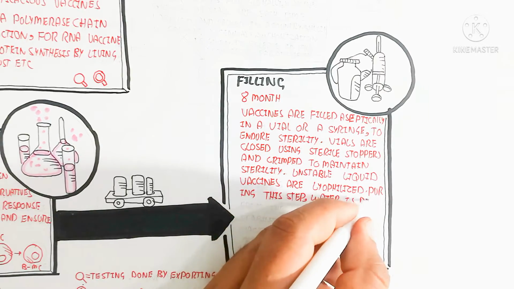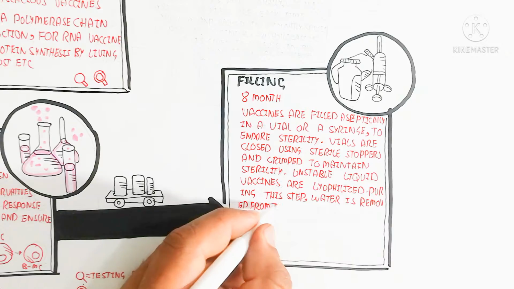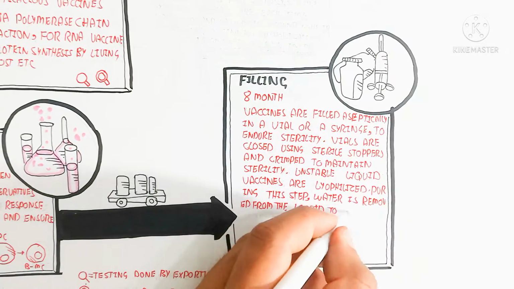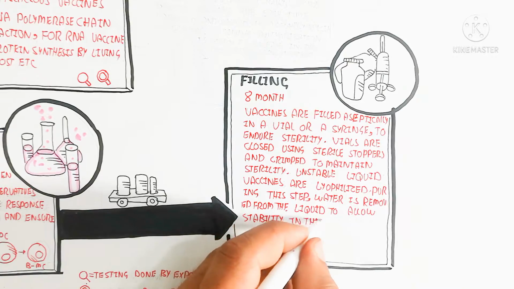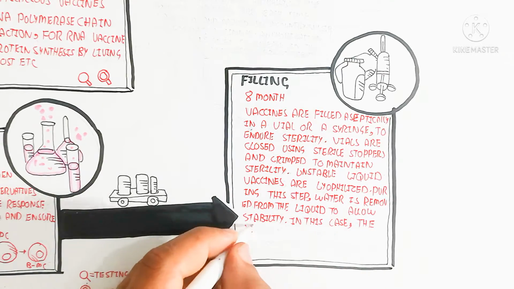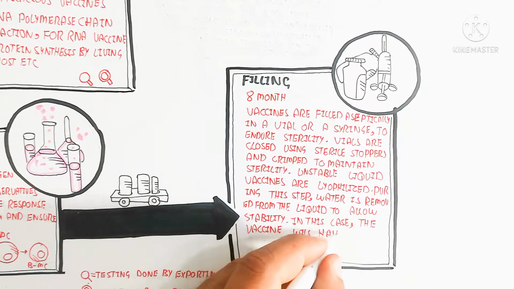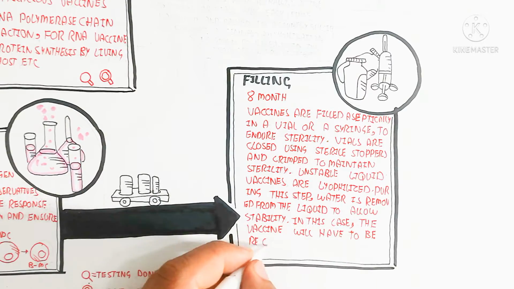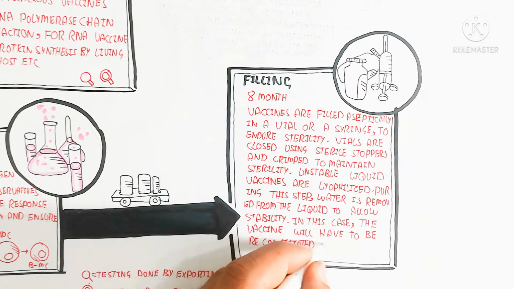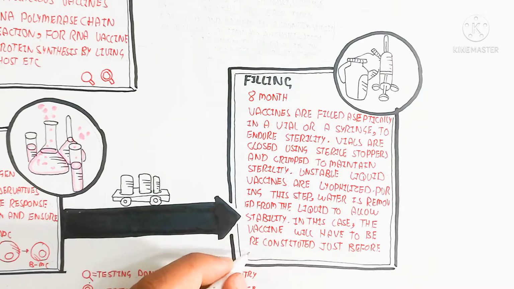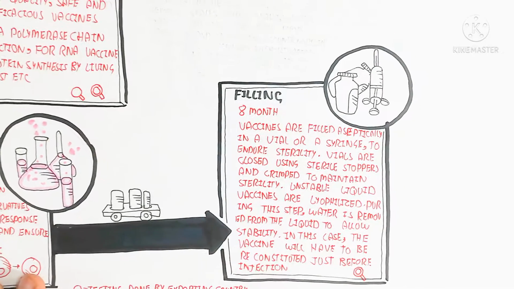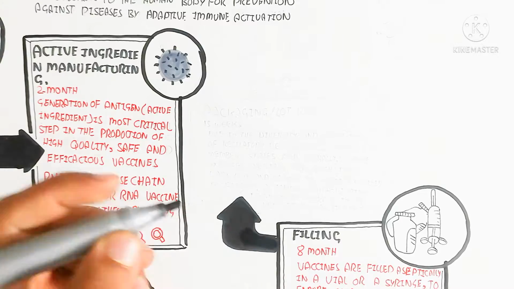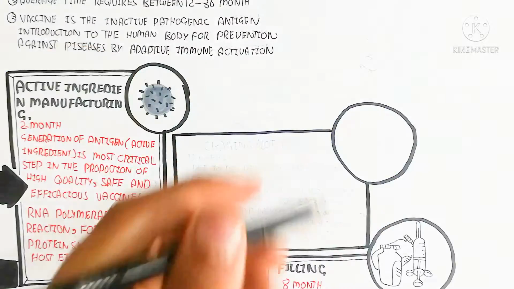Unstable liquid vaccines are lyophilized, where water is removed from the liquid to allow stability. The water is separated through dehydration, and the vaccine has to be reconstituted just before injection. Then testing is done by the manufacturer.